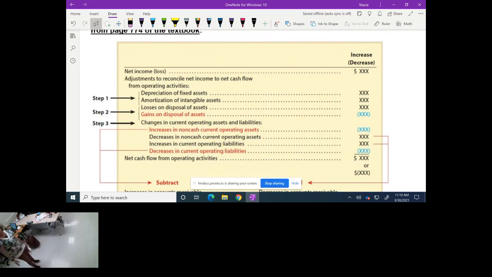Anything you see here is going to go in the operating activity section. You've got losses on disposal of assets that you would add back. Gains on disposal of assets, you're going to take that out because that gain number is not the actual cash amount, so we've got to do something with it. The actual cash is the sales price. So remember to refer back to this.